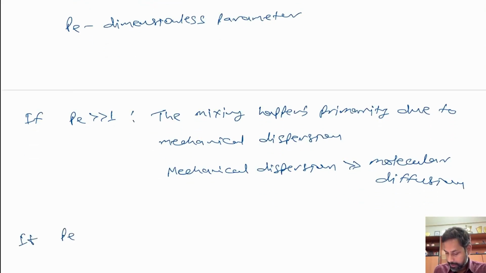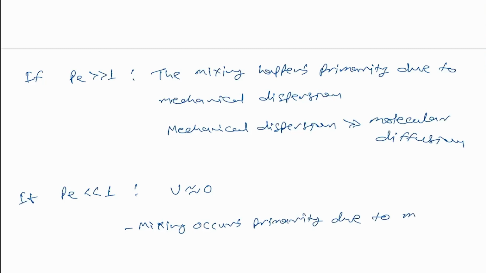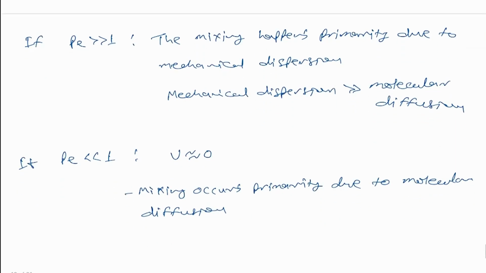And if the Peclet number is much smaller than 1, in that case we can assume u to be almost equal to 0, especially when velocity is very small. In that case, usually the Peclet number is much smaller than 1. In this case, mixing occurs primarily due to molecular diffusion, right?